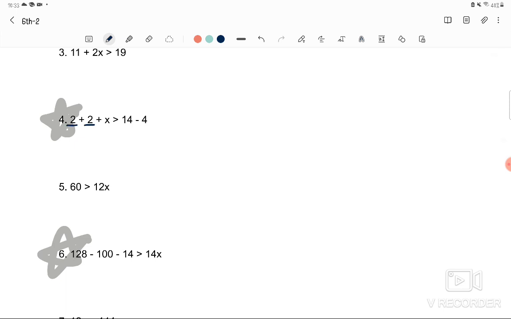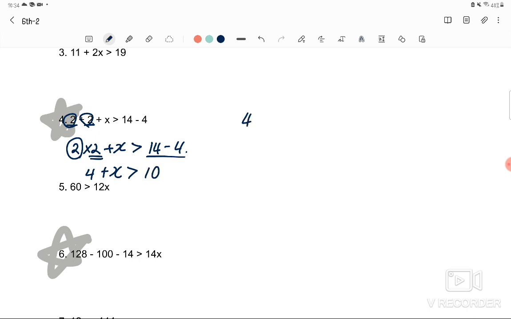There's 2, which means that there's 2 times 2, and plus x is greater than 14 minus 4. So 2 times 2 is 4, plus x is greater than 14 minus 4, which is 10, right?